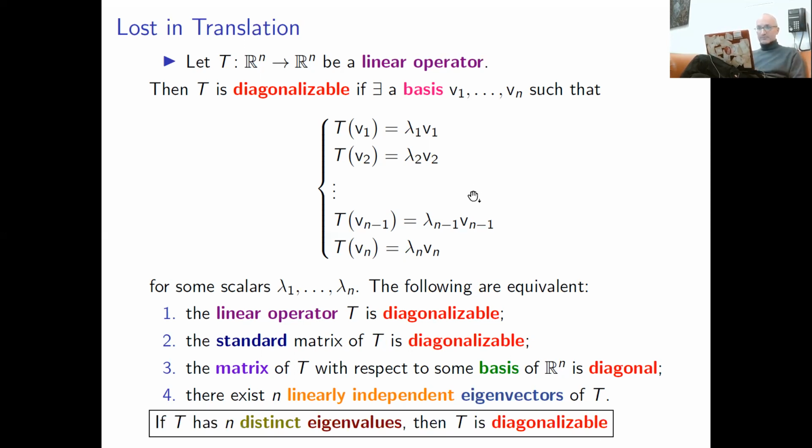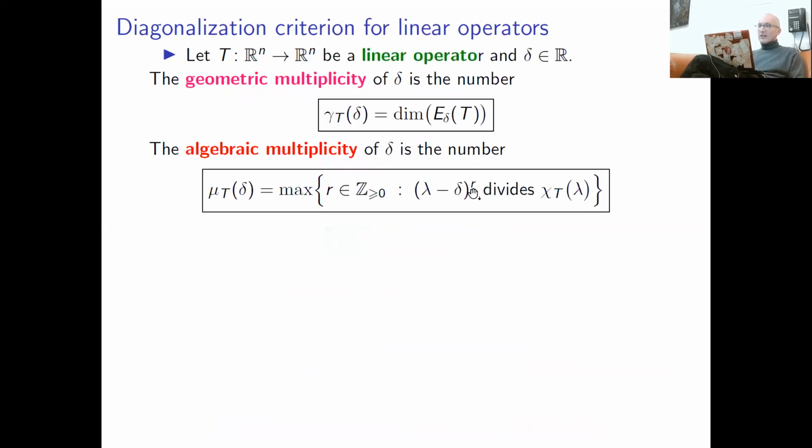It's diagonalizable. Okay, good. Now we can restate the diagonalization criterion for matrices in terms of algebraic and geometric multiplicities of the eigenvalues for linear operators. But first we need to define geometric and algebraic multiplicities of eigenvalues, or of any number, as we did for matrices. Essentially, this is just a translation of our definition for matrices into the language of linear operators. So we have a linear operator and any number delta.